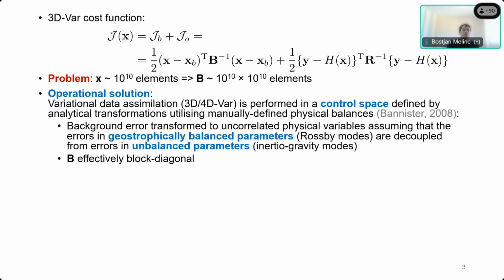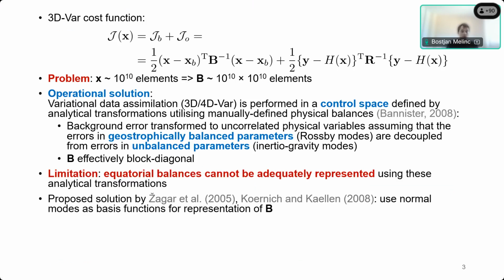And that's why operationally, they rather perform variational data assimilation in a control space, which is defined by some analytical transformations utilizing manually defined physical balances. So the idea is that the background error may be transformed to uncorrelated physical variables under the assumption that the errors in geostrophically balanced parameters are decoupled from those in the unbalanced parameters. And this then makes B matrix effectively block diagonal.